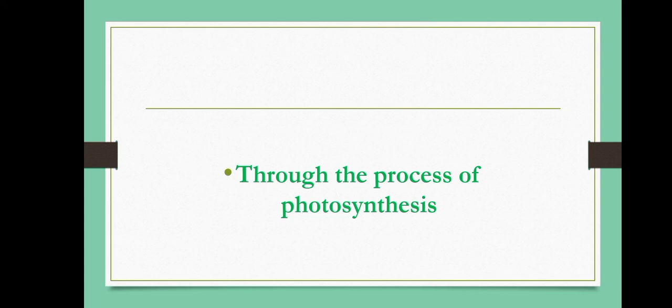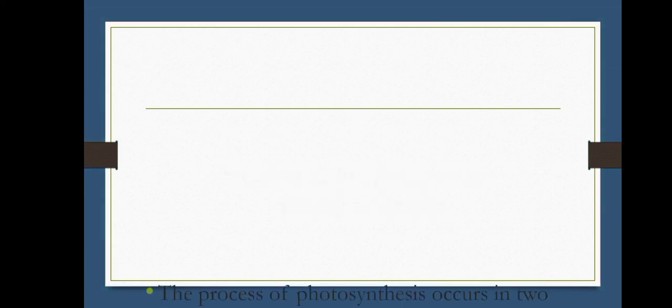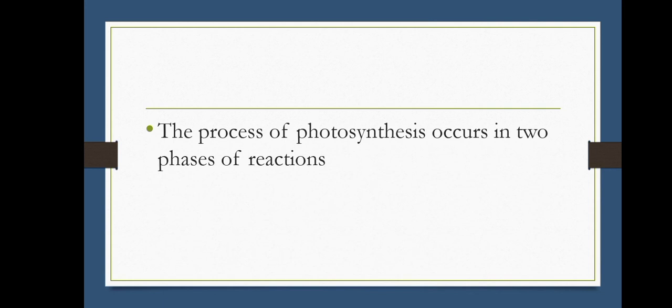Now we are going to be considering the mechanism for photosynthesis. How is it possible? How does this process even occur? The mechanism of photosynthesis is complex. It involves a series of enzymes present in the plant, and two phases of reactions called the light phase reaction and the dark phase reaction are involved.